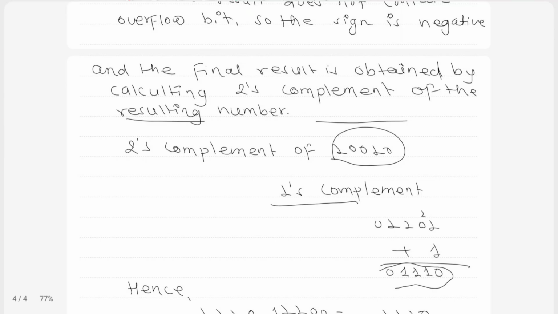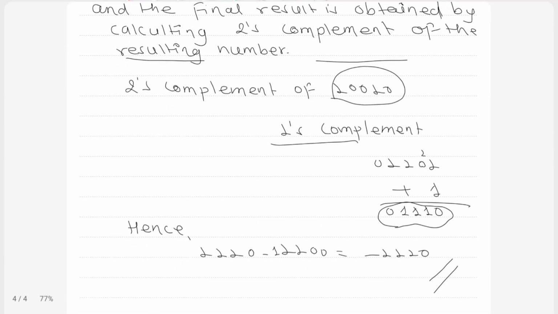That's our two's complement. Hence, 14 minus 28, so we take minus 14. So 1, 2, 4, 8: 8 plus 4 is 12, plus 2 is 14. We take minus 14. That's our answer.